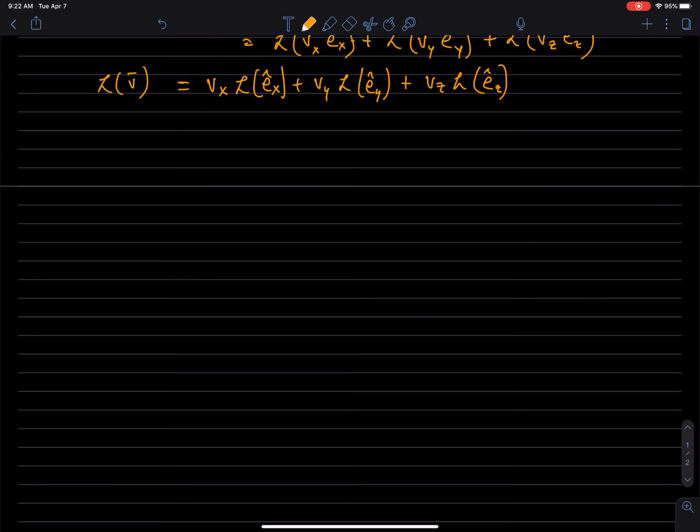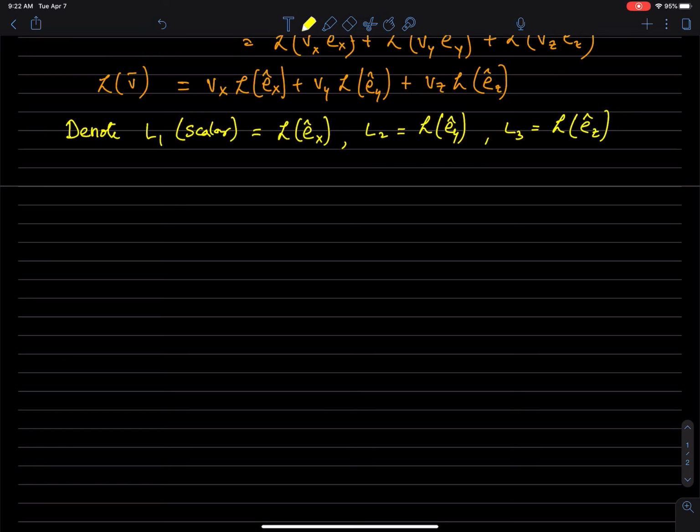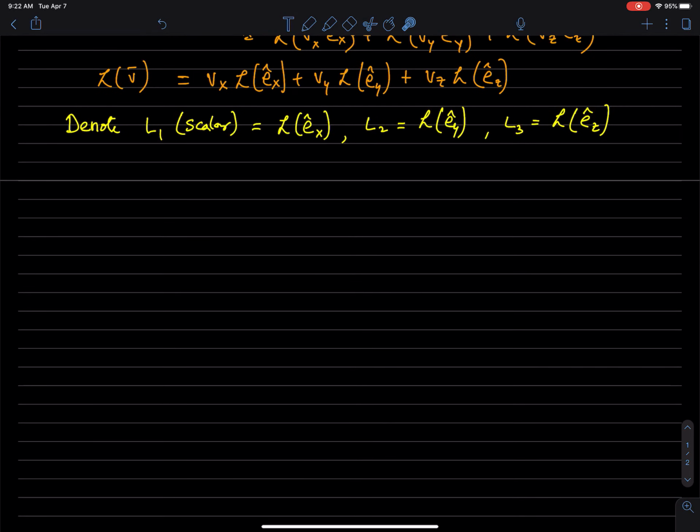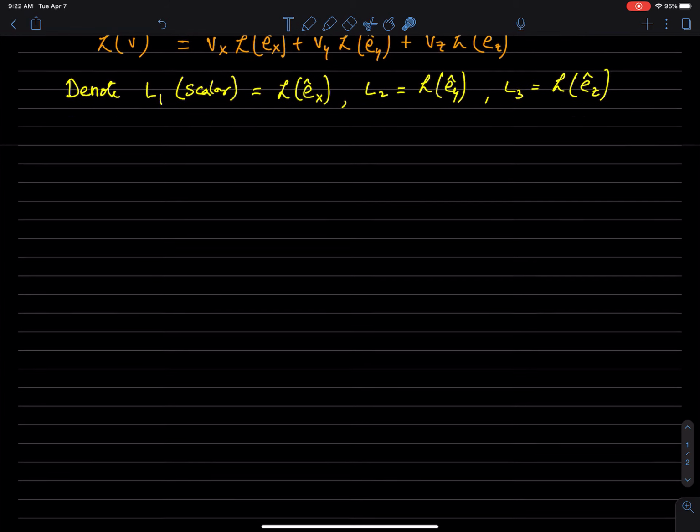Now denote L1 scalar equals L of Ex. L2 is L of Ey. L3 equals L of Ez. Okay. In other words, you define three scalars that are obtained by operating the function L on the three coordinate axes, Ex, Ey, Ez.